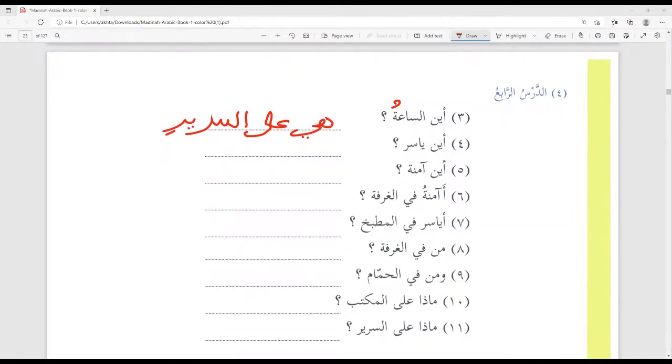So إسحاق, أين ياسر؟ هو في الحمام. نعم, ما معنى الجملة؟ Where is Yasir?